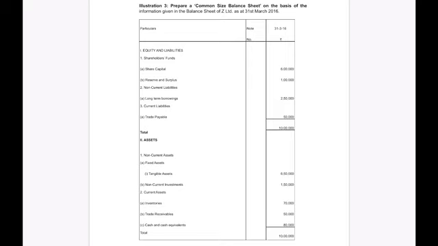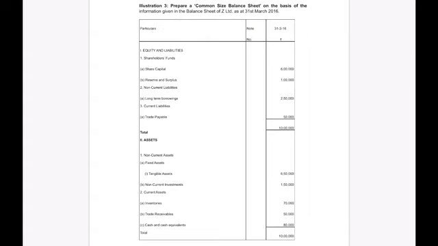So, basically there are 6 columns, but here we can exclude 2 columns. So we will make a total of 4 columns, namely particulars, note number, figures at the end of the current year, and percentage of total of balance sheet.